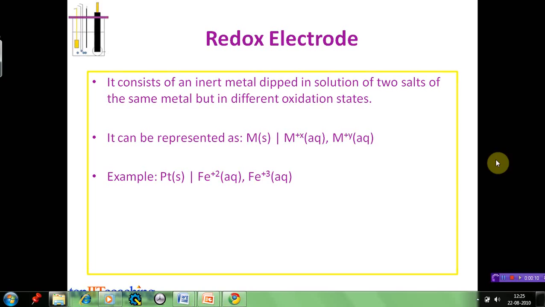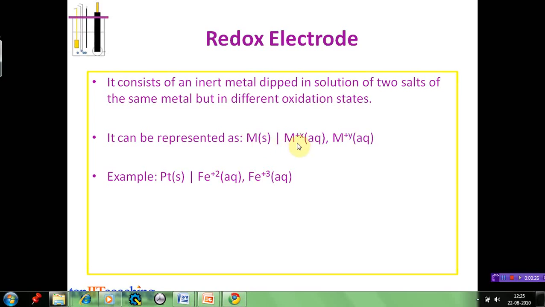The next type of electrode is the redox electrode, which consists of an inert metal dipped in a solution of two salts of a metal such that the two salts have the same metal but in different oxidation states.